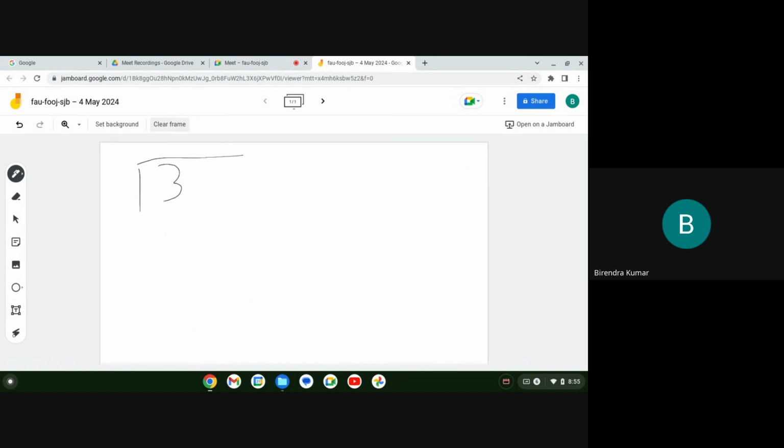Now let's try dividing 3/100, let's say. No, let me not do that. This one will make it a little complicated for you guys. I don't want you to get confused right now. Let's say I have to divide 8 by 9.